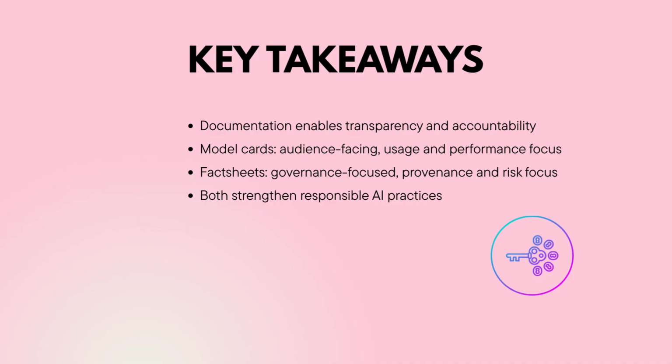Together, they form a comprehensive approach to documenting AI systems responsibly. As you prepare for both the exam and real-world practices, remember that strong documentation is not optional. It's a professional obligation that defines mature AI governance.